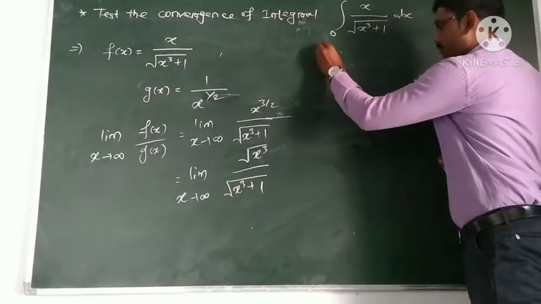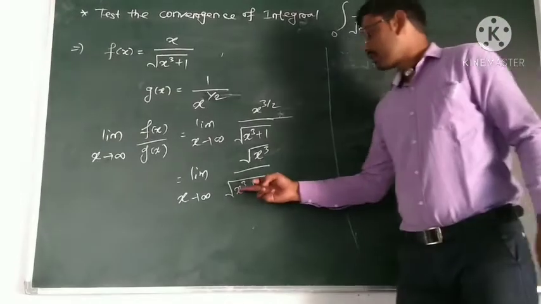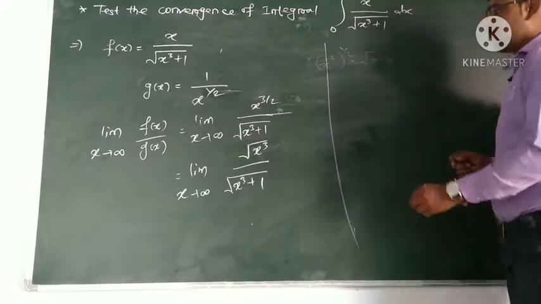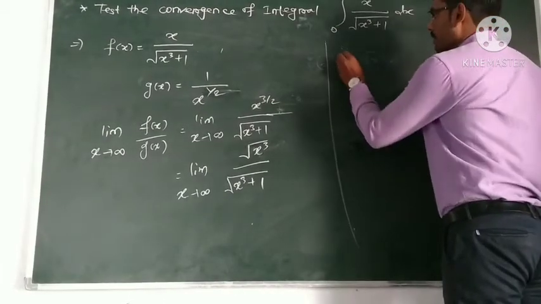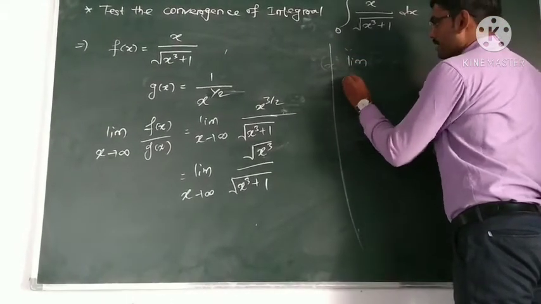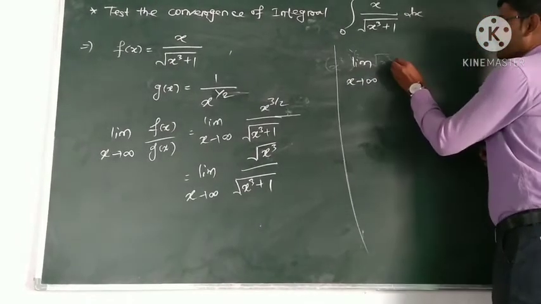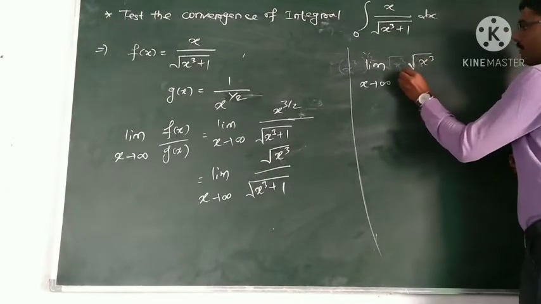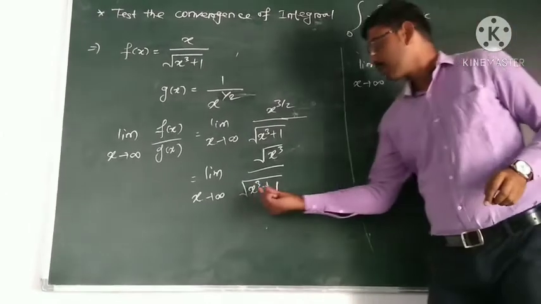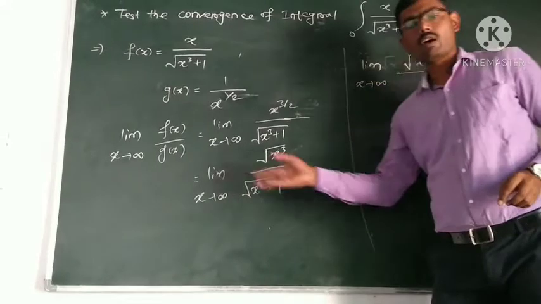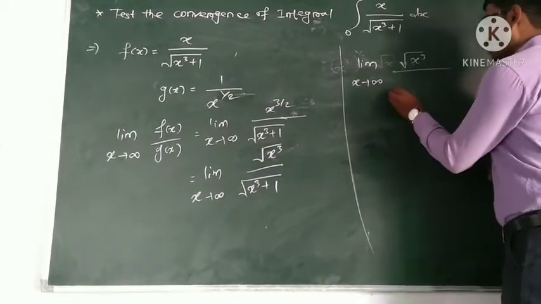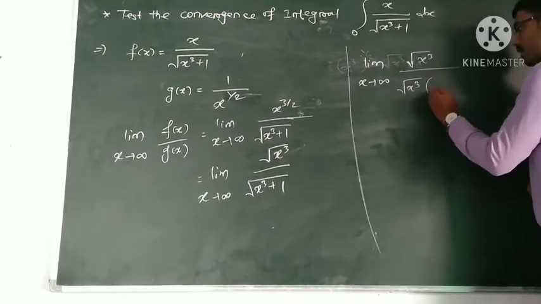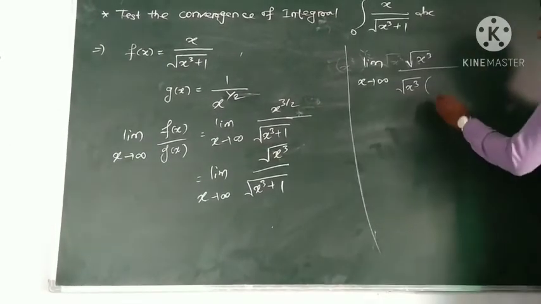Now we can take this square root of x cube outside this square root. Okay. Now this becomes limit x tends to infinity, square root of x cube as it is in the numerator. In the denominator we can take this square root of x cube outside. Okay. So what remains in the bracket?